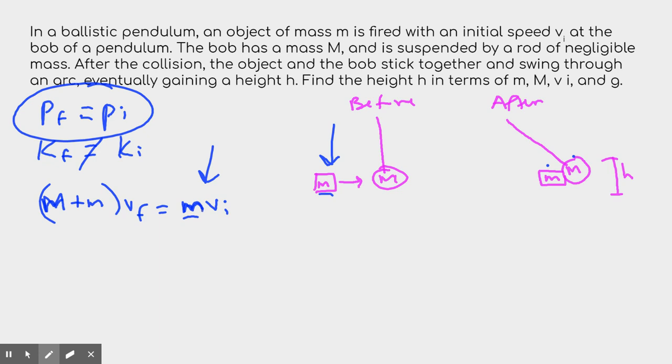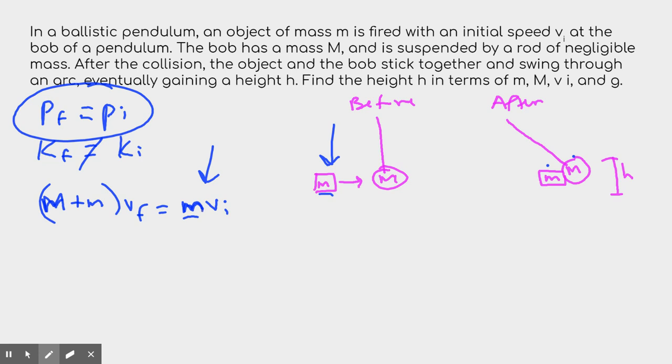Now, at the point just after the collision, we need to know what the kinetic energy is so we can later relate the kinetic and the potential energies together. Why would we want to do that? Because potential energy equals mass times gravity times height, and we do need to find the height.